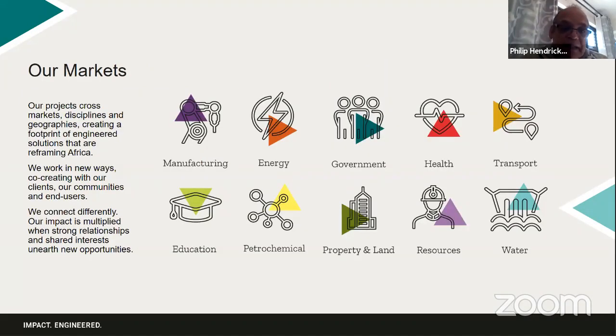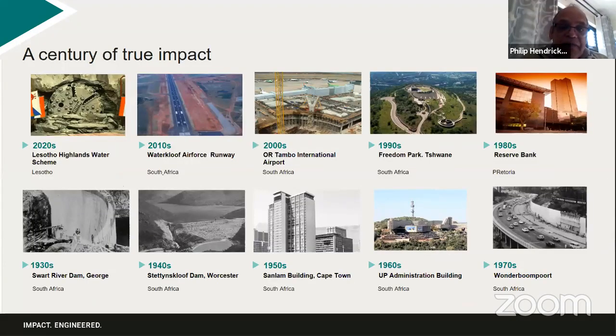And we'll be operating in the 10 markets that we have had in the last couple of years, from manufacturing and petrochemicals to transport and water, our traditional infrastructure market. And look, we've had almost 100 years on the continent. We've been privileged to work on some great projects and deliver projects of great impact to the continent. So as Zutari, we're looking forward to the next 100 years, and this is the start of a new journey.